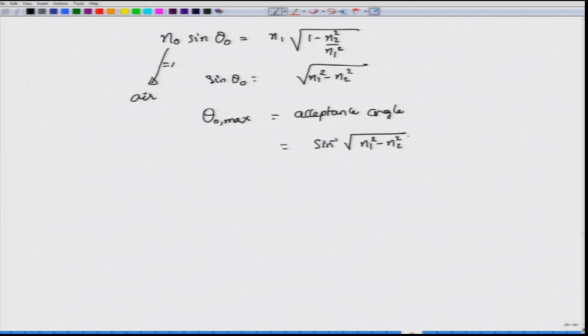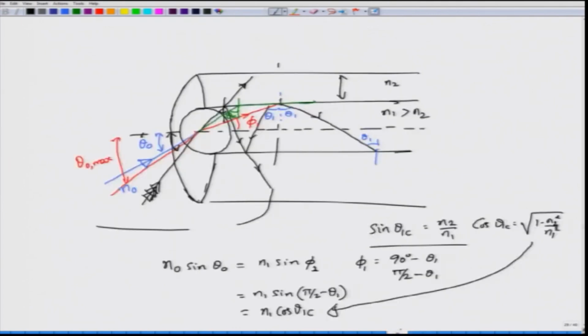Now, this is very interesting, and this gives us the first parameter to look for when I am going to use optical fibers for different applications. Having this theta 0 max, that is the acceptance angle, much larger allows me to use a light source, either a laser or something, which would typically be sending off light in this manner.